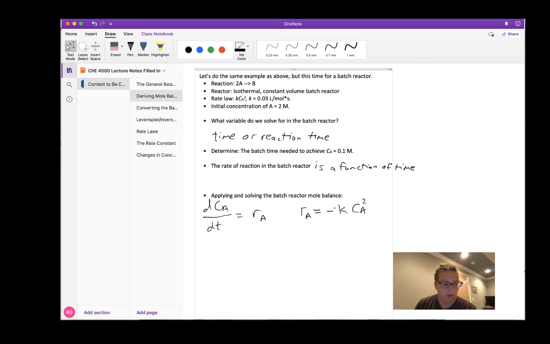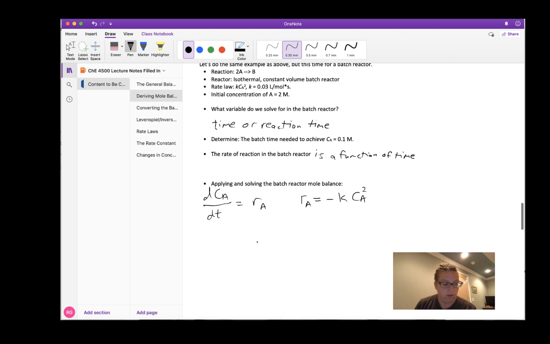That makes logical sense with what we would expect for our balance. This goes back to this accounting issue and ensuring that the way we use negative signs and the way we enter the rate expression into our balance equation properly accounts for whether the component we're interested in is being generated or consumed. In this case, it's being consumed, so we want to have a negative rate.